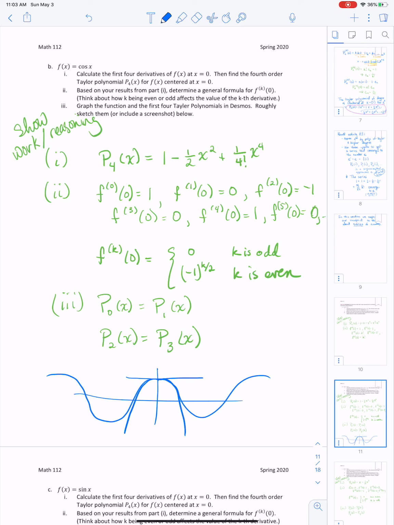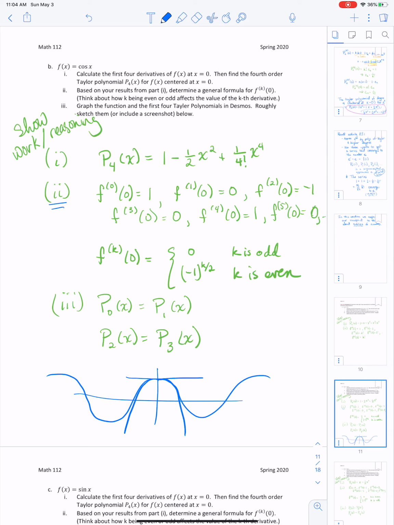And you can see that when you start considering the derivatives evaluated at 0, every other one is 0. We start out with the function evaluated at 0, which is 1, that's just cosine. The derivative of cosine is negative sine, but sine at 0 is 0. If you continue differentiating, you differentiate negative sine and you get negative cosine.